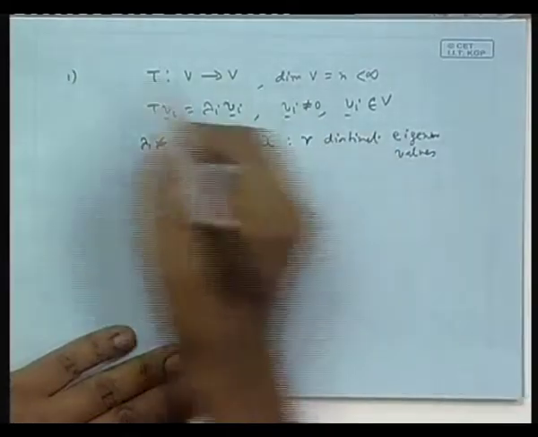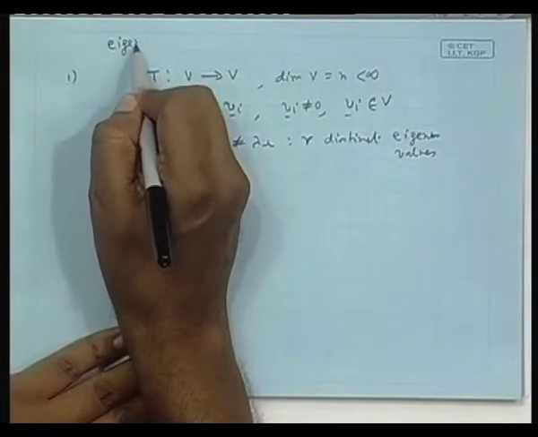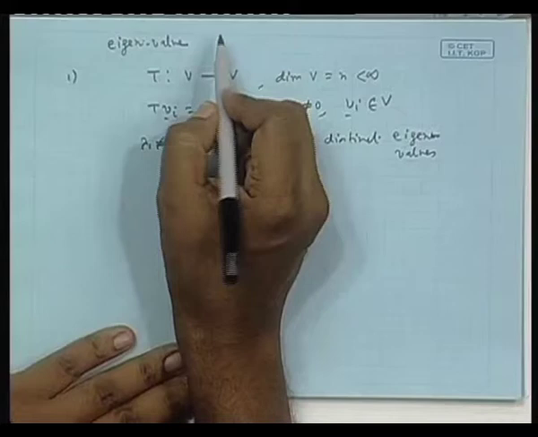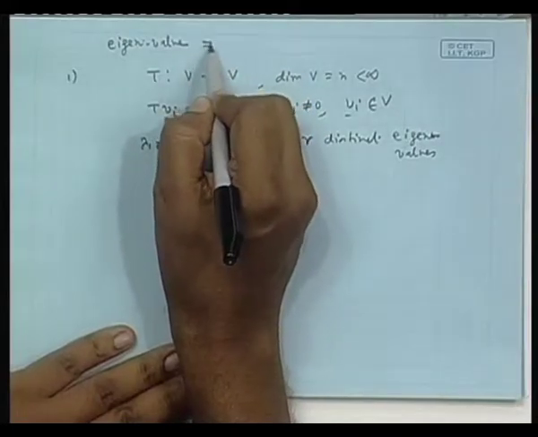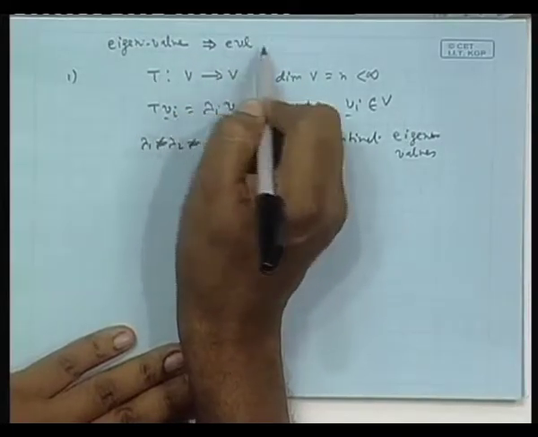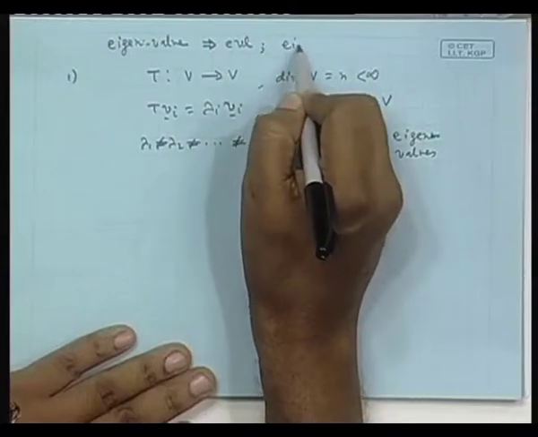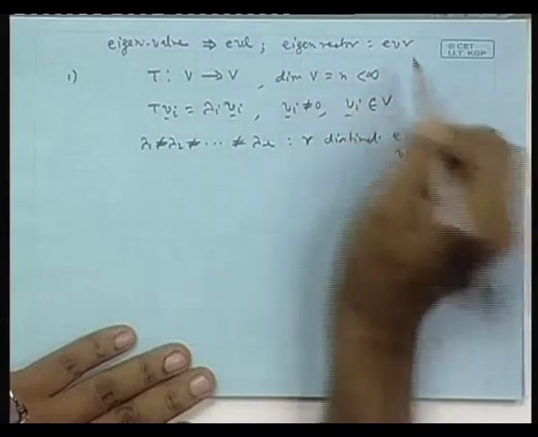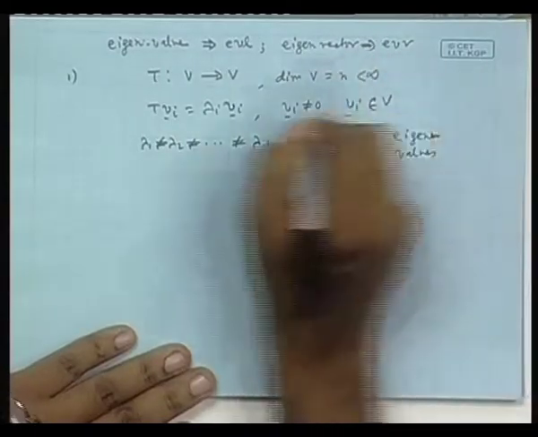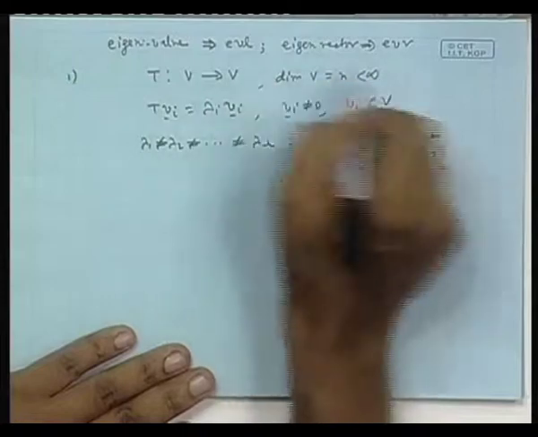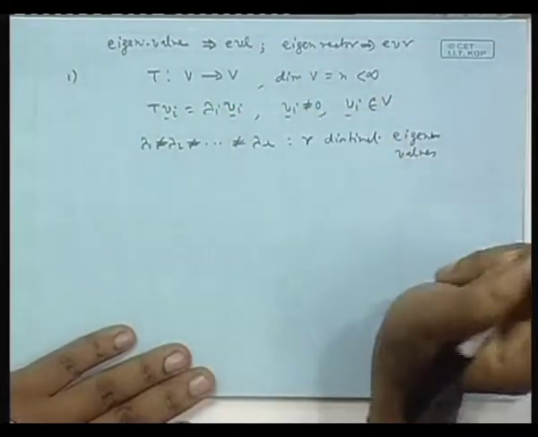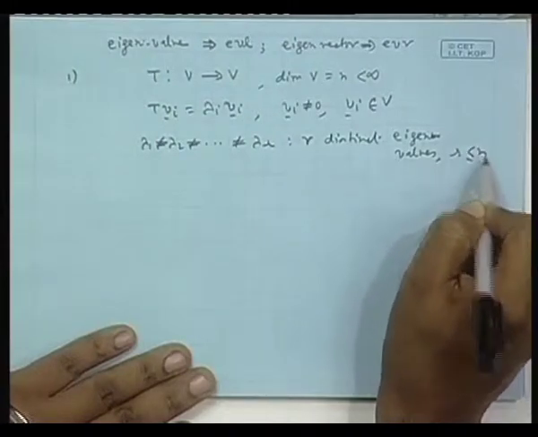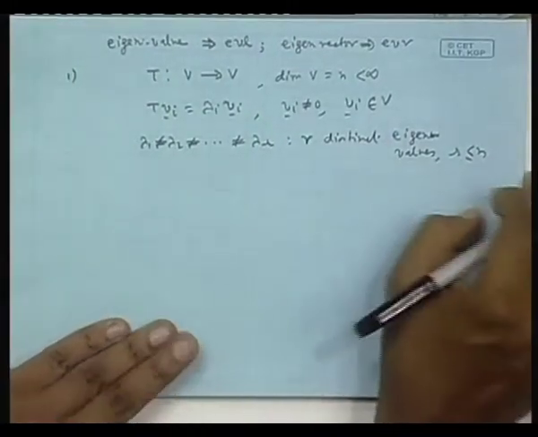In short I will write eigenvalue as EVL and eigenvector as EVR, because eigenvalue and eigenvector are two words that you have to write so many times. So, distinct EVLs and r less than or equal to n. Why less than or equal to n? We will see very soon.